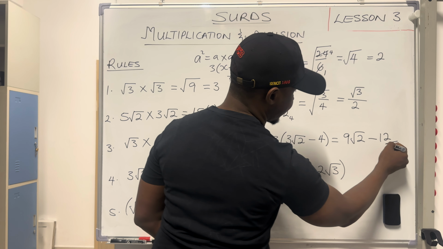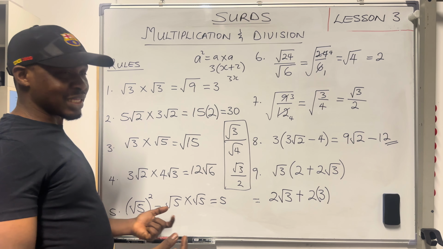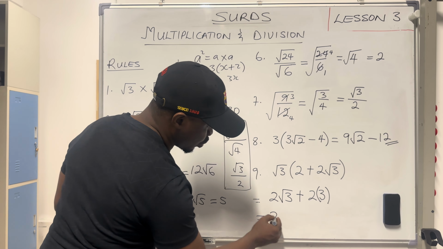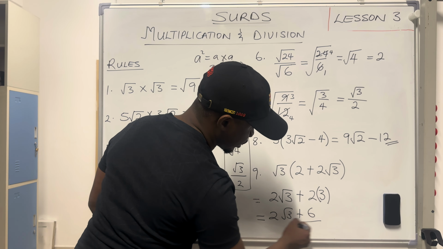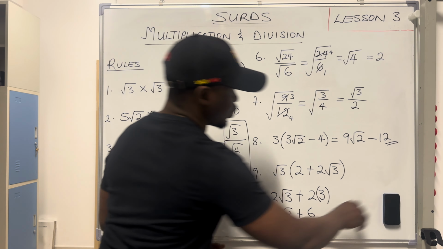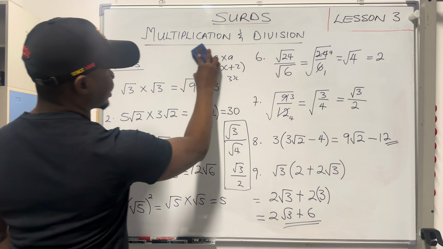So 1 times 2 is 2. Root 3 times root 3 is 3. Is that correct? No, because this one is 2 times 3. So it has to be like this. Remember what I said here. So you can keep repeating the video, then you master everything. So 2 root 3 plus 2 times 3, 6. So this is what we have for this class.